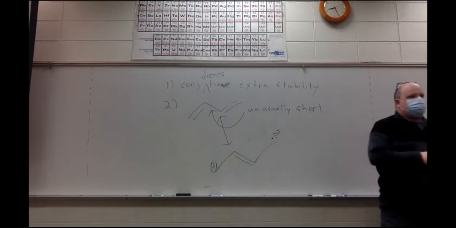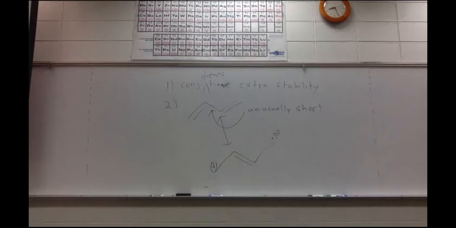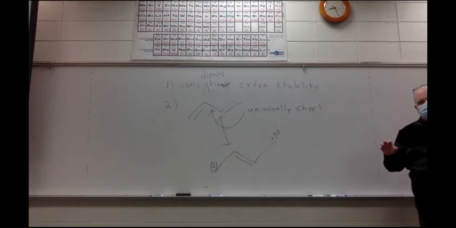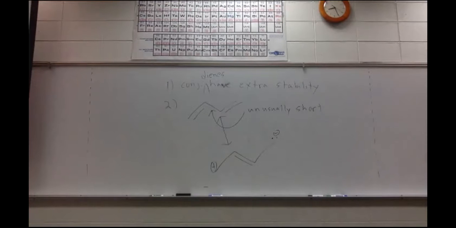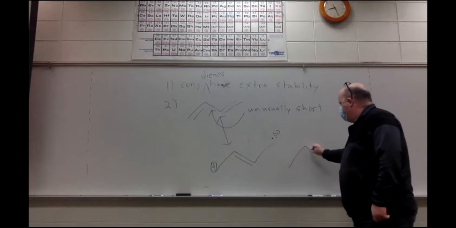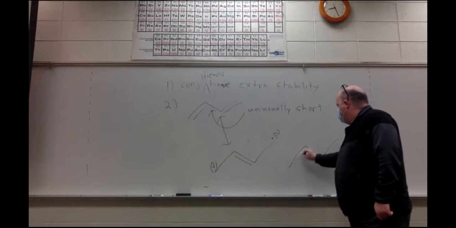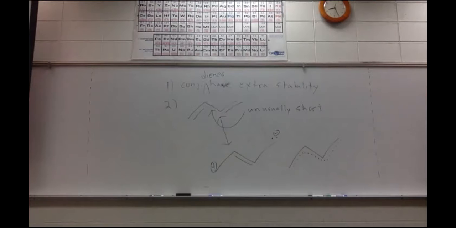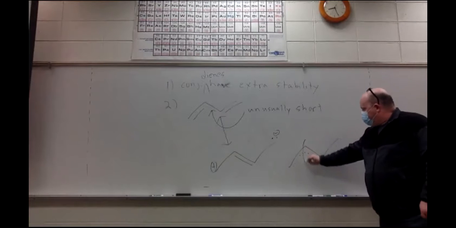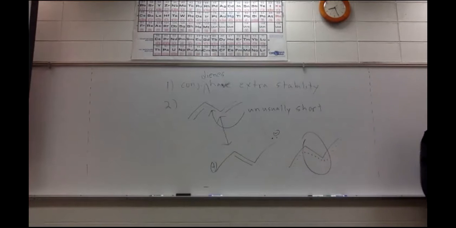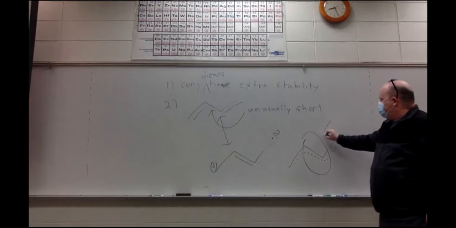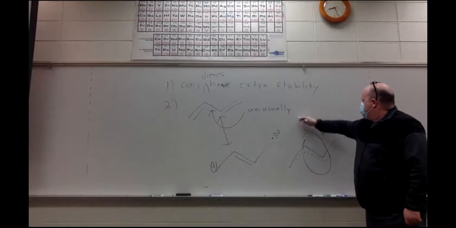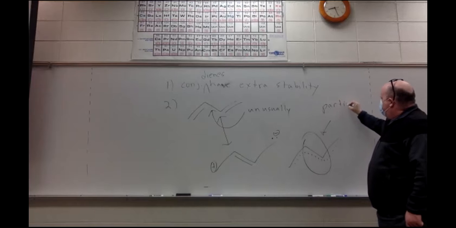And remember, none of the resonance structures are entirely accurate. They show different representations of what can exist at any point in time. The true structure is the hybrid, which lies somewhere in between, right? So if we're looking at this, that's the real structure. It's almost like this has sort of a halfway double bond. And that's actually the terminology we can use, pretty close to it. This has what we call partial double bond character.